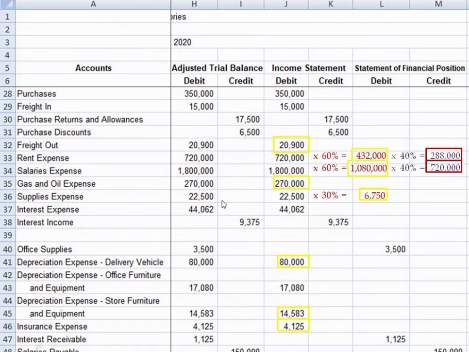What else? Supplies expense. 70% of 22,500 was used in the office and hence also an administrative expense. This one is administrative as well.